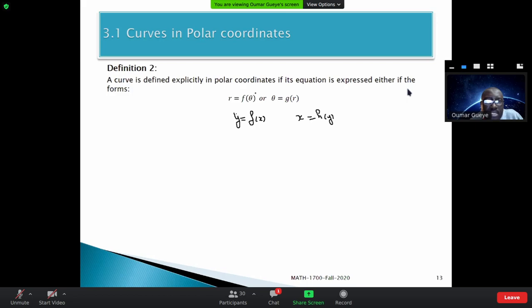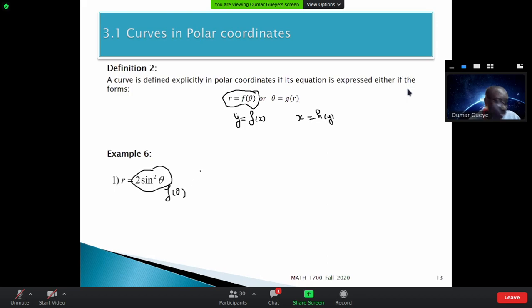But in this course, most of the time we're going to present our function or our curve as a function of theta. And here are two examples. Here r equal to 2 sine of theta, and this is our f of theta. So this is what we mean by r equal to f of theta.